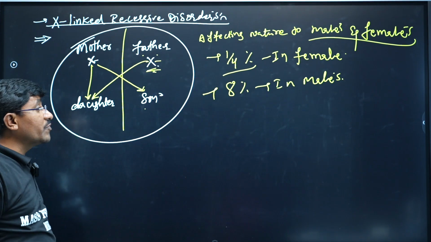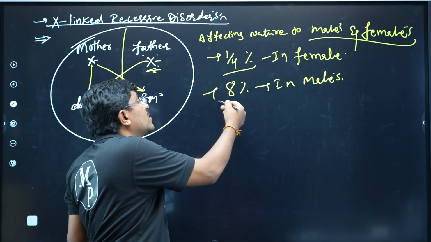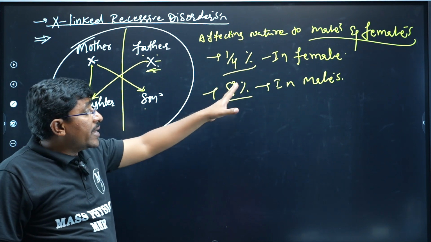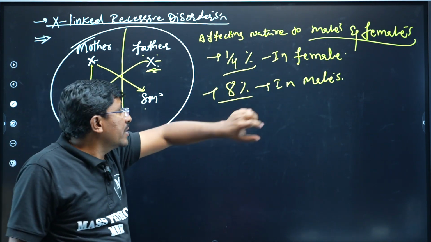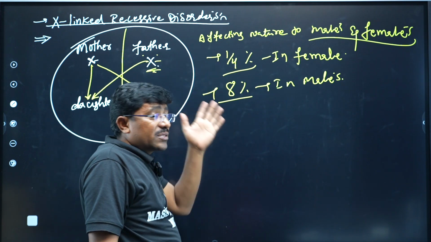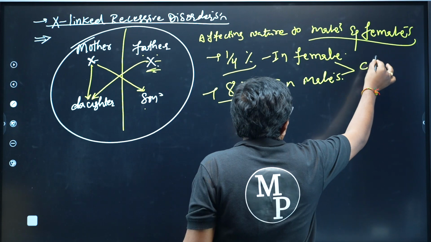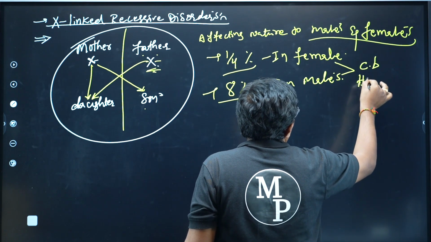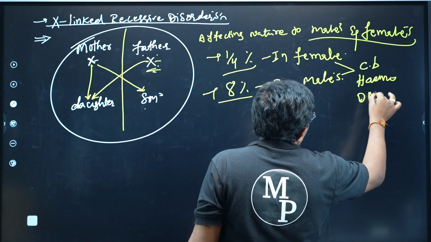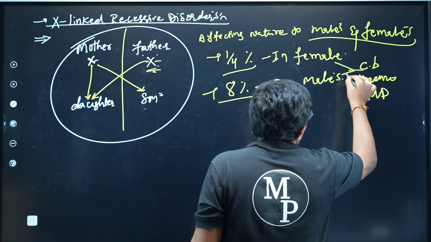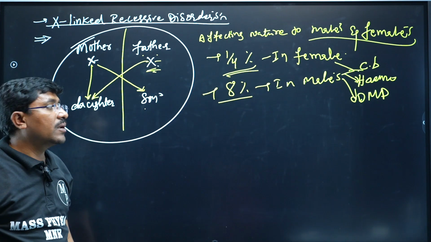Very low percentage in females, but males are more affected than females. Understood? So what type of traits are these? Color blindness, hemophilia and DMD also. All these diseases are of this nature.